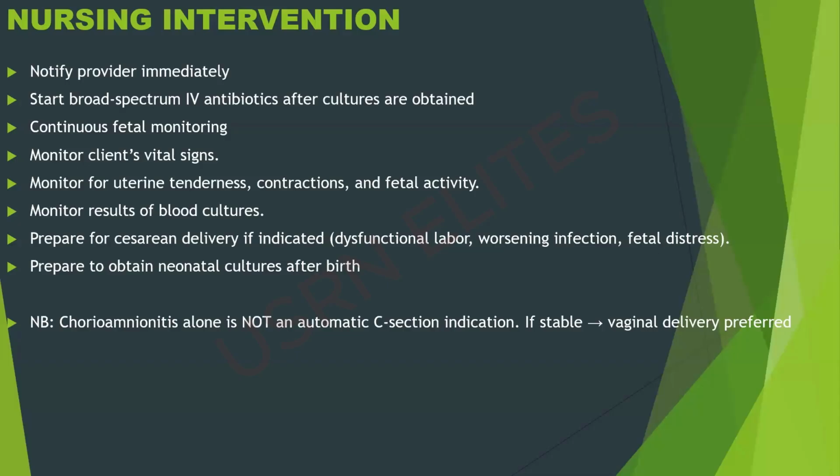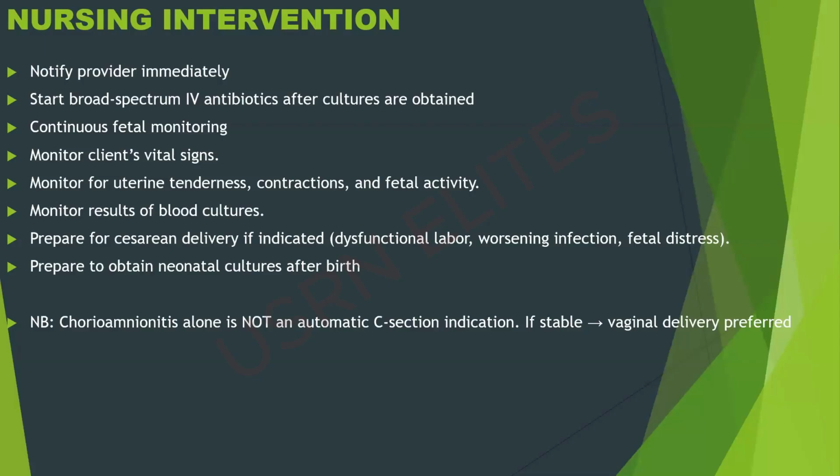But this one must be done after what? You've obtained culture. With antibiotics, we have to target the kind of bacteria that is causing the problem. So once you want to start antibiotics, find out the kind of bacteria before we know the kind of antibiotics we are going to give.